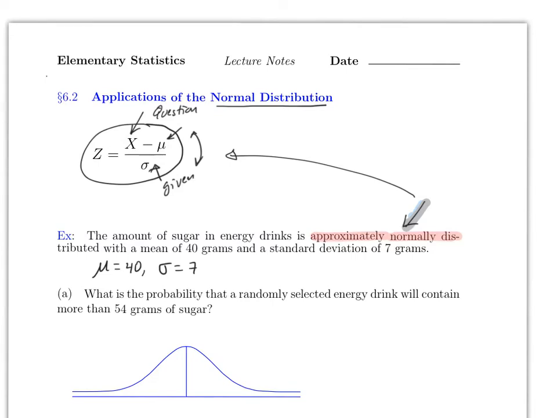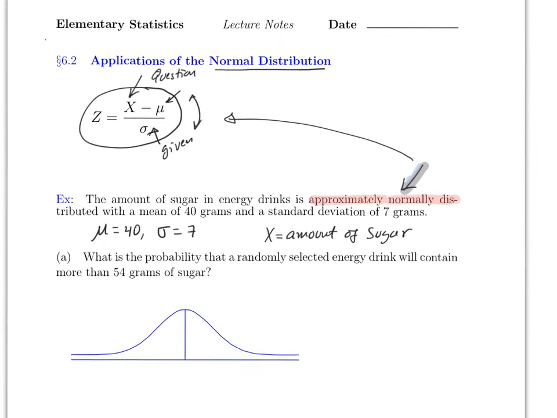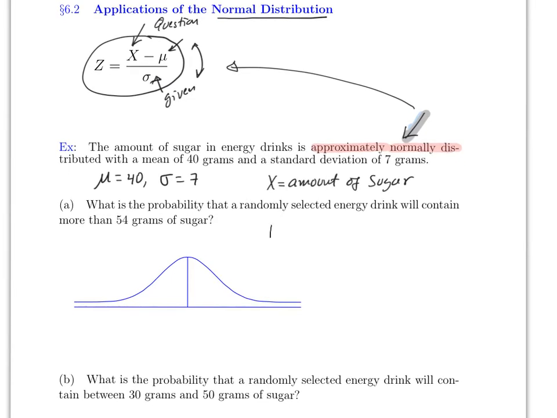Here, the question is, what is the probability that a randomly selected energy drink will contain more than 54 grams of sugar? So here x is going to be the amount of sugar, and the question is pretty much asking what's the probability that x is greater than 54.